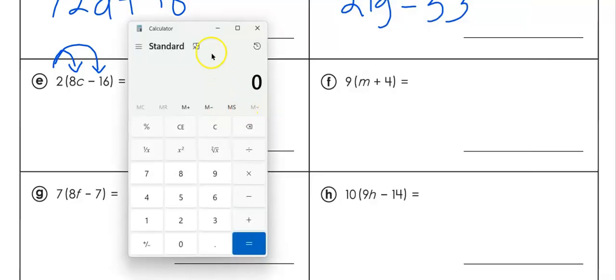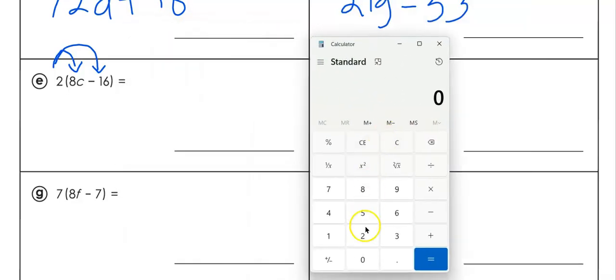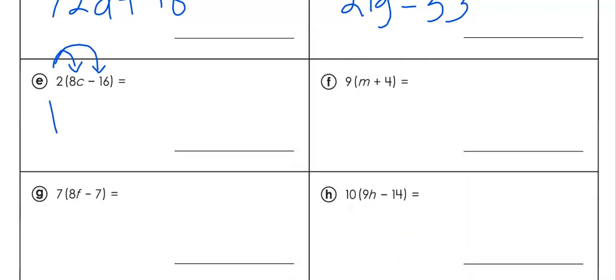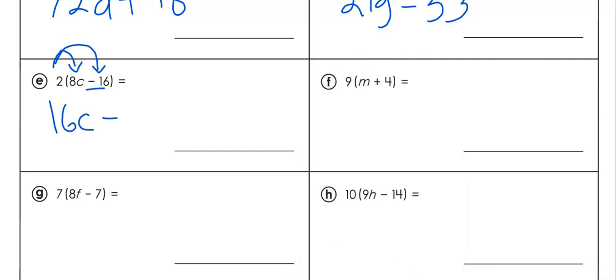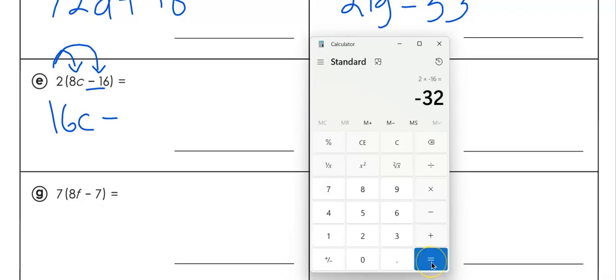That's what we've been practicing. For some reason, there's a lot of distributive property in a lot of these problems. And be careful with this one. Yeah, it's a negative 16. See that here? Right there. Negative 32.